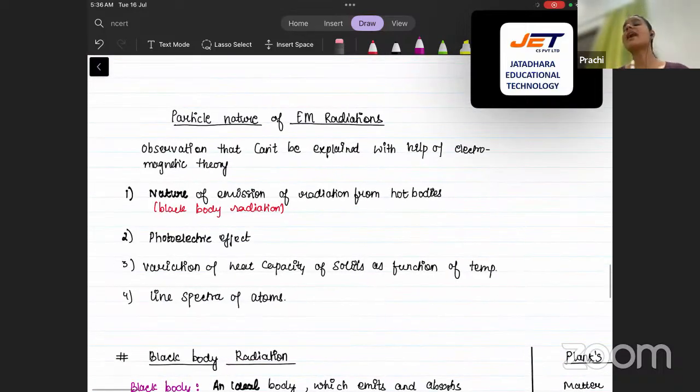So now we have to learn about the particle nature of electromagnetic radiations. The phenomena like diffraction and interference can be explained when we take light as a wave, but there were many things which could not be explained. First, let's see what those things were.